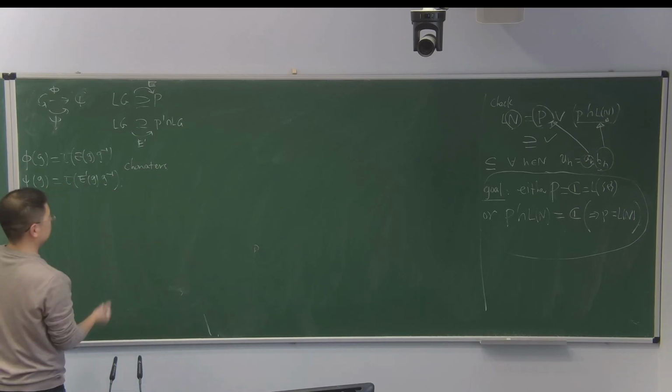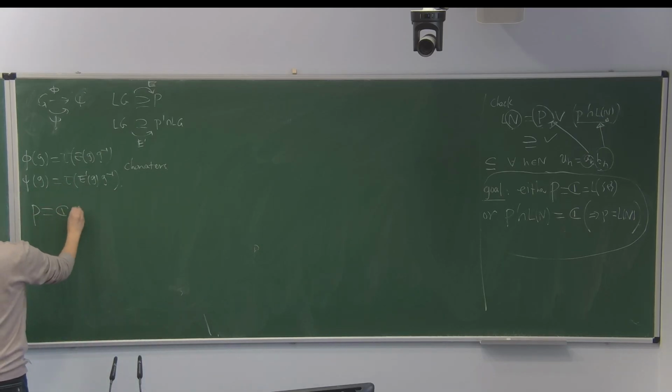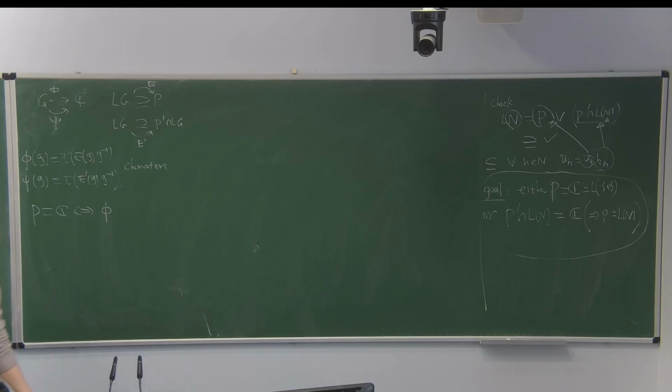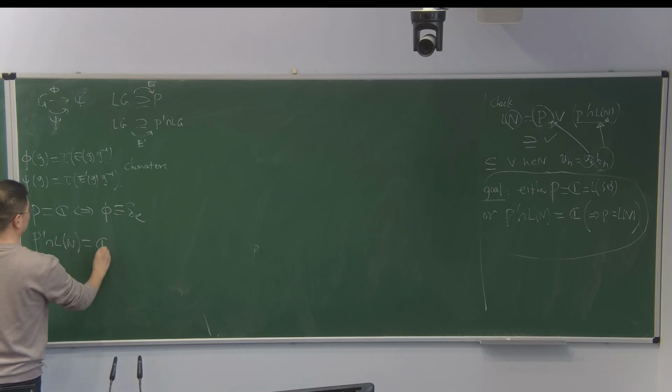Now you observe P equals C. This is equivalent to saying phi is the trivial character, taking value 1 at the trivial element and 0 in other places. Now, what is the case when this equals C?